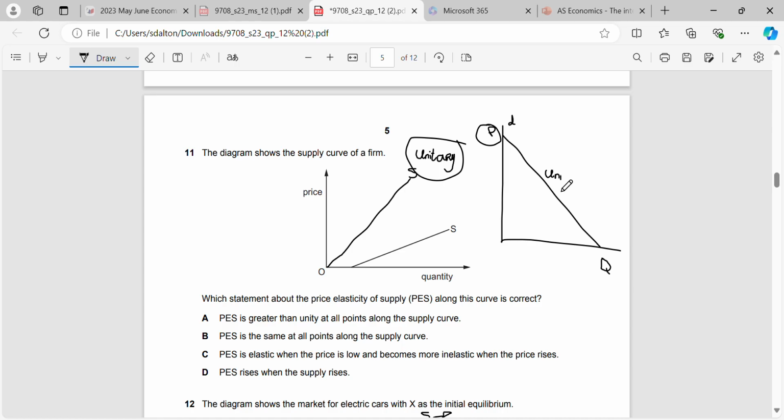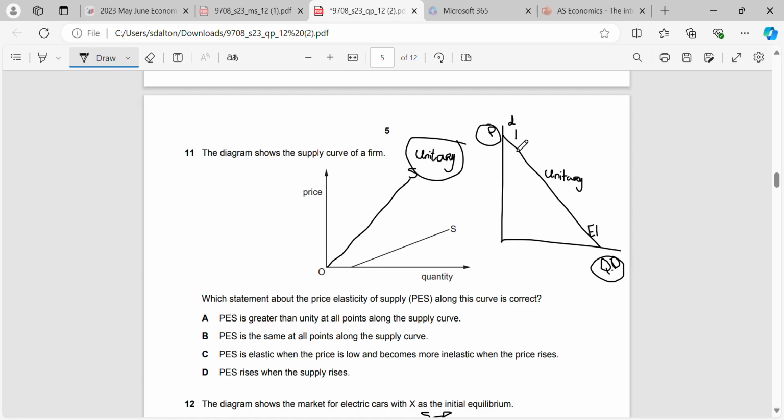So we said that, for example, we tend to be unitary in the middle of the linear demand curve. We tend to be more elastic the further to the right that we go, because our quantity demanded, or our quantity that's being traded, is a larger number, so the percentage change will be less.